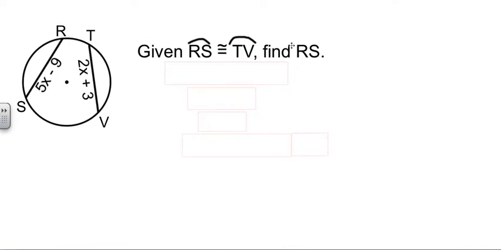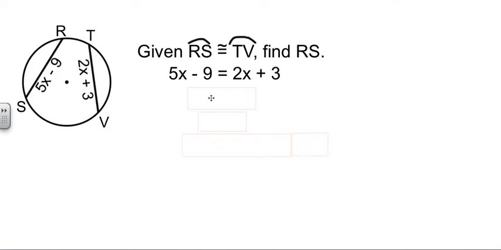And I can tell that they want the segment because there's no symbol there. And remember, RS without a symbol means length of segment. Well, if these two arcs are congruent, that means the two segments are congruent. And the two chords are equal.